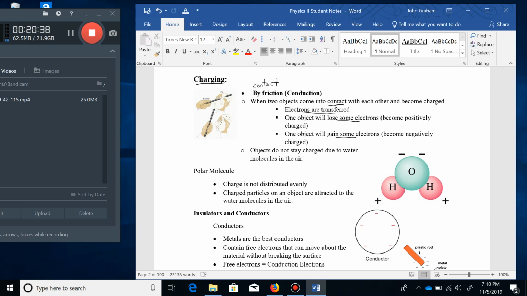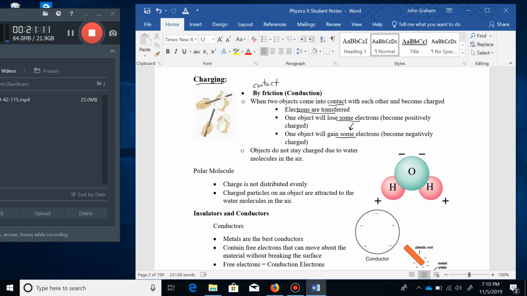And not just some, they will gain the same. So the electrons go from the element that loses them to the element that gains them. There's no other option there. They don't go anywhere else. They go from the one to the other. So if this rod lost electrons, and say it lost 5 electrons, the 5 electrons will have to go into this wool.